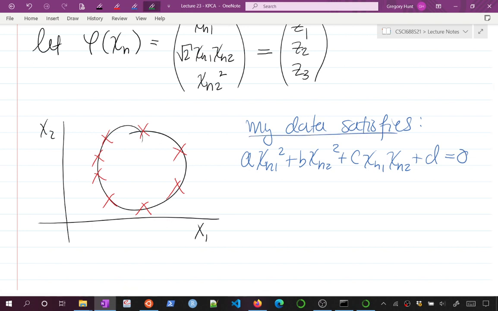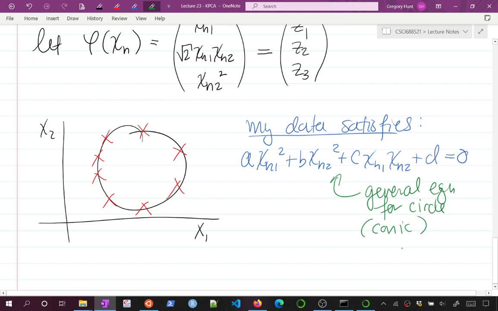Why does it satisfy this? This is just the general equation for a circle, or technically a conic section, but a circle. Certainly all circles have an a, b, and c that satisfy this. And so if my original data lives, or at least approximately lives on a circle, it'll satisfy or approximately satisfy this relationship. And in my two-dimensional space, this defined a circle, basically a circular subspace.